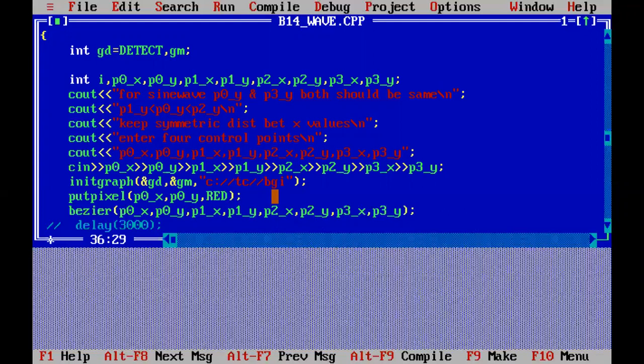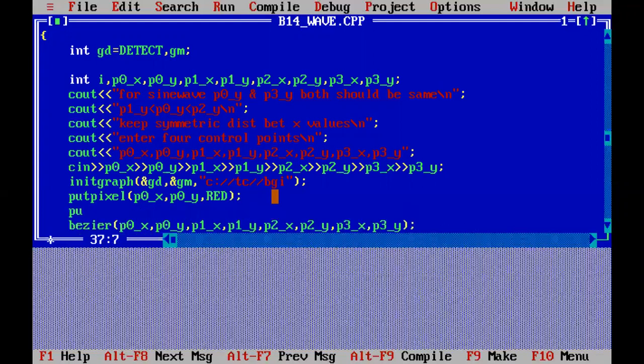Okay, again put pixel, so you can easily understand where the control points are, that is p1x, p1y comma red.